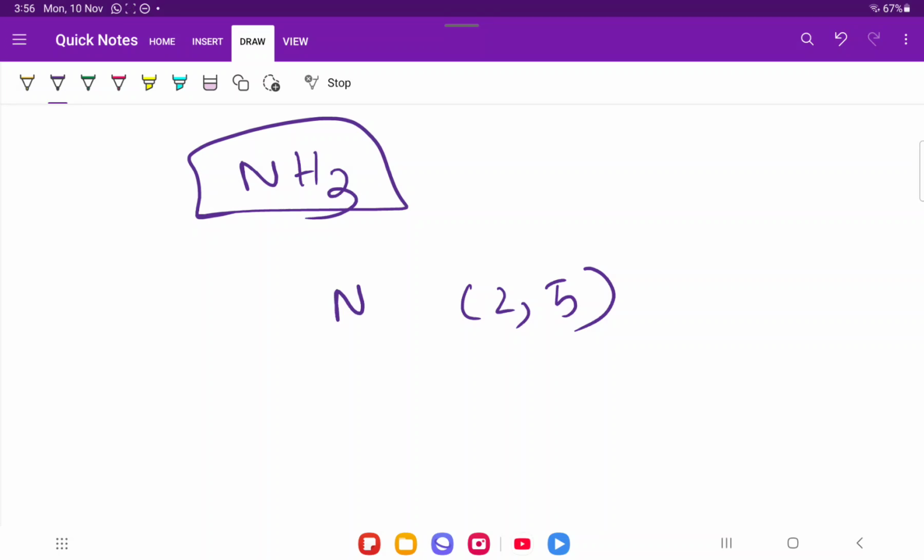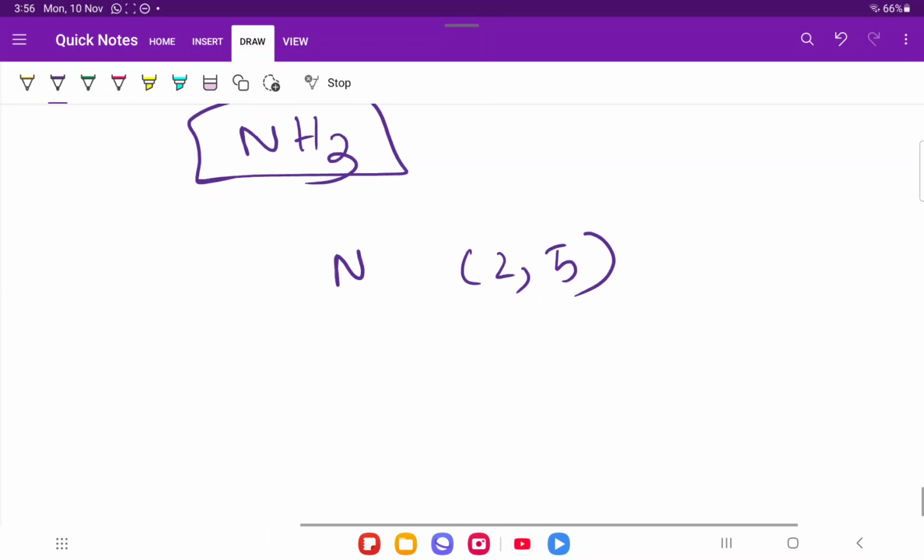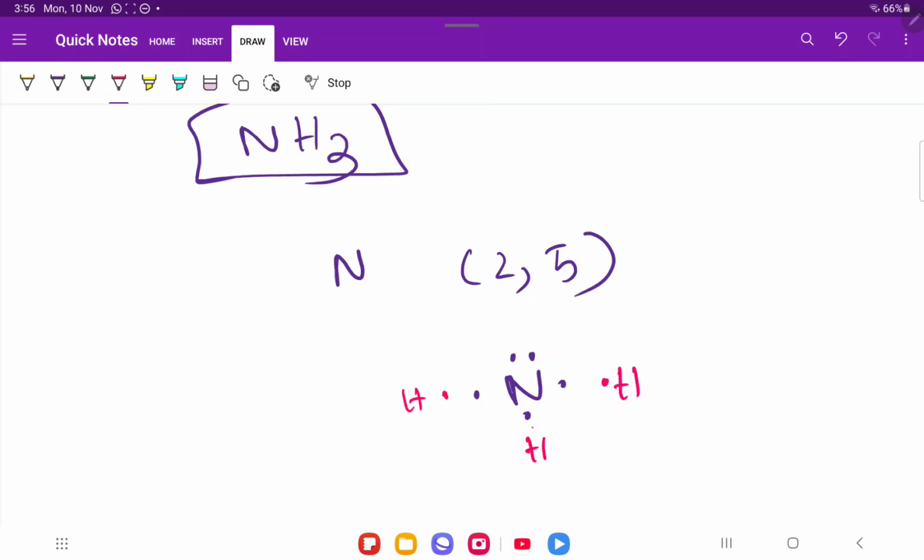So for fulfilling the 3 electrons, nitrogen can accommodate 3 hydrogens, then only ammonia can form, right? How is it happening then? Let's see. Nitrogen has 2 electrons here, and here we can give 3 electrons. Now hydrogen can give just 1 electron here.